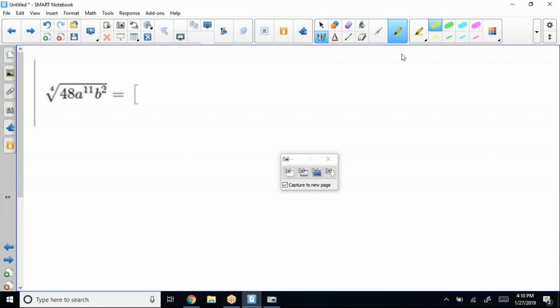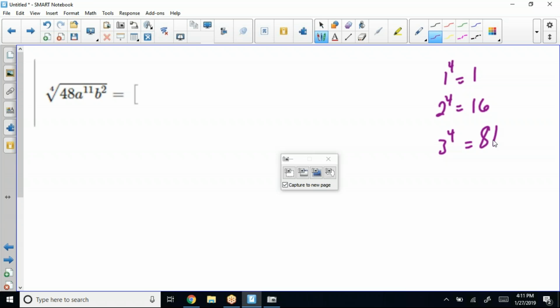So 1 to the 4th equals 1. 2 to the 4th is equal to 16. 3 to the 4th is 81.